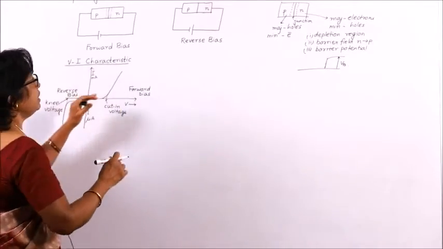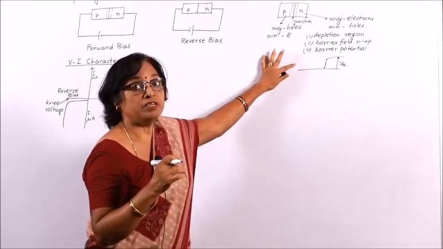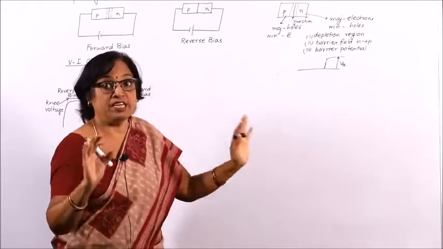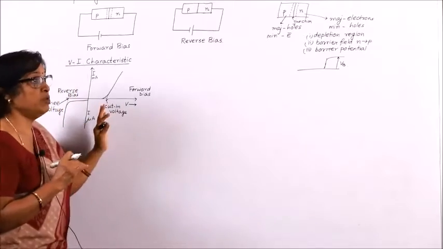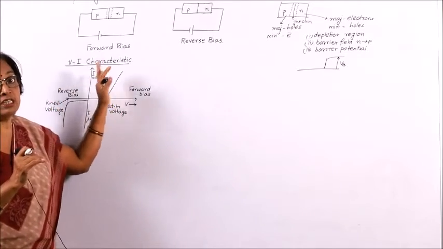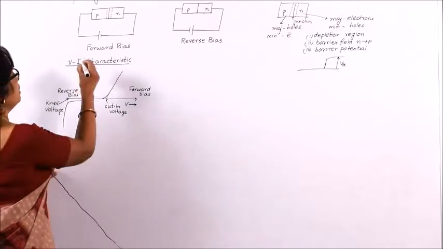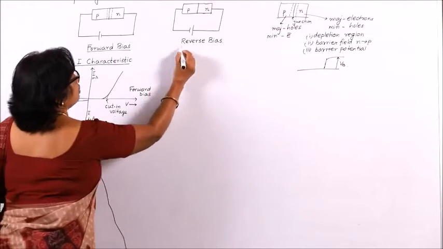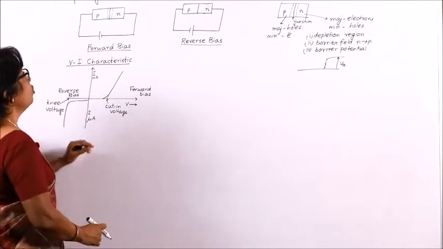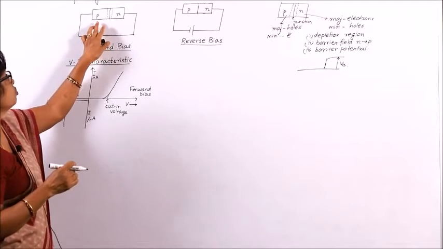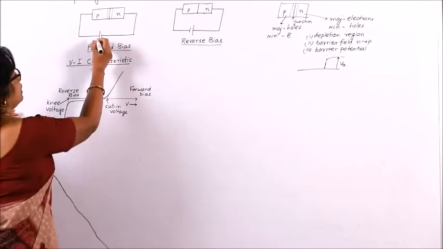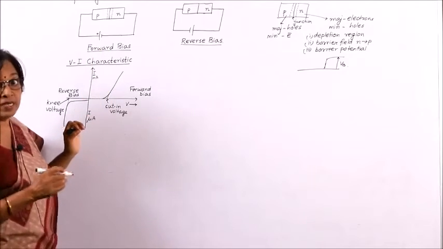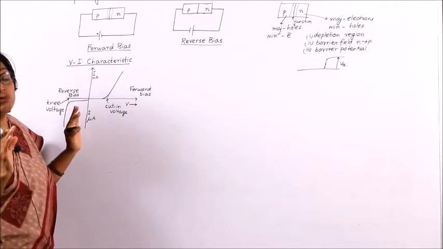Now, in this case we were not connecting the PN junction to any bias, any external source of EMF. When we connect it to an external source, what happens? We call this forward bias or reverse bias. When the PN junction is connected so that the P side is connected to the positive terminal of the external voltage source and the N side to the negative, it is called forward bias.